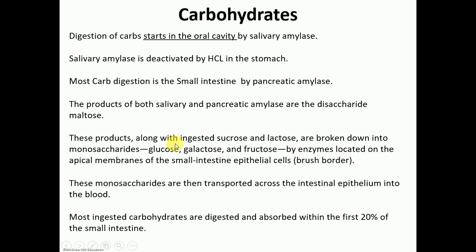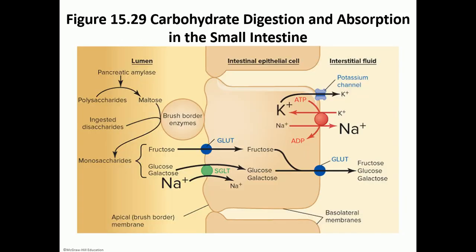When we break them down into monosaccharides, those are the ones that we can transport and absorb into the circulation. Here you'll see the lumen of the small intestine. We broke down the polysaccharides into maltose, and then your brush border enzyme, maltase, will break it down into monosaccharides.